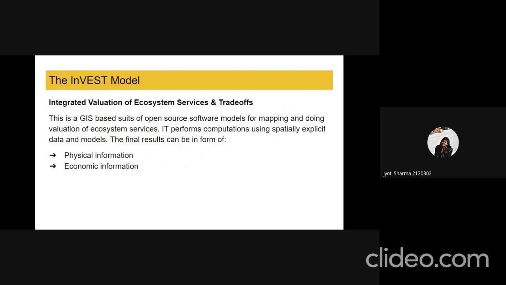Let's say we give the forest area to that GIS model, then it will tell us how much carbon is being stored or sequestered in that area, and what the money value of that carbon storage by that forest will be. So this is the InVEST model.